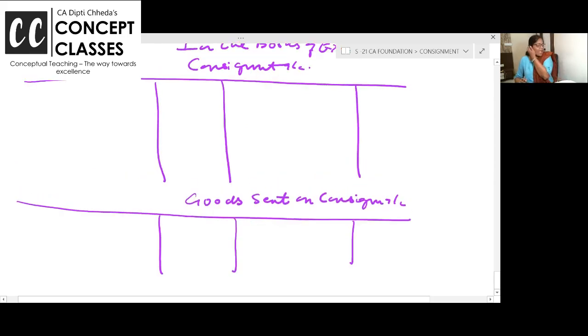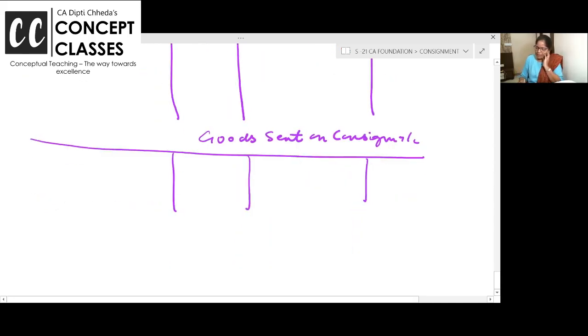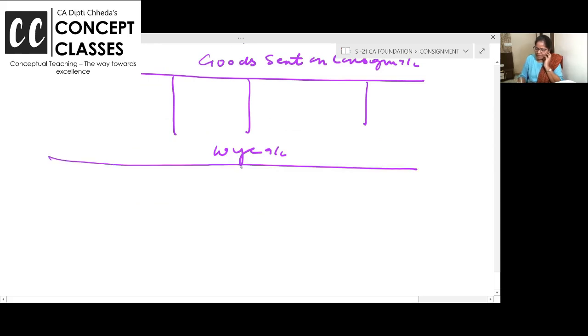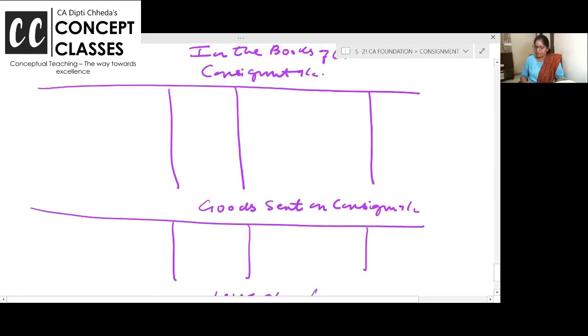Make the ledgers as I am making. Consignment account debit, then goods sent on consignment account. Y's account. Who is Y? Consignee. No entry is recorded when we are sending the goods to consignee, when he is returning, and so on.